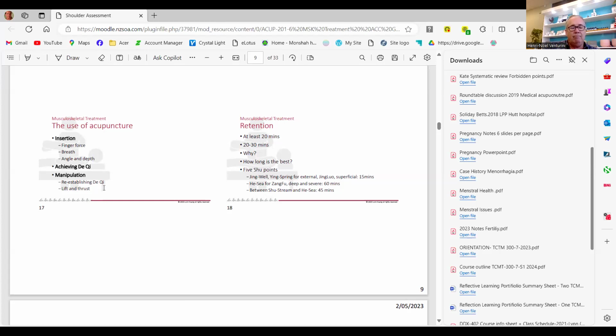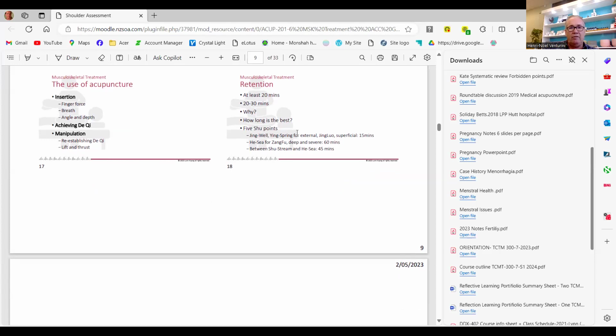Re-establishing De Qi. It's not a given, but it's important that if you want to try and move qi and blood or stagnation, you need to manipulate the needle. Lifting and thrusting. The needles need to stay more than 20 minutes, half an hour, you know that. And these are the five shu points.